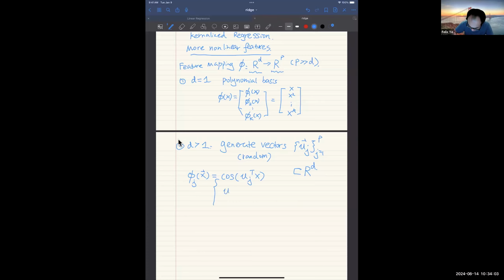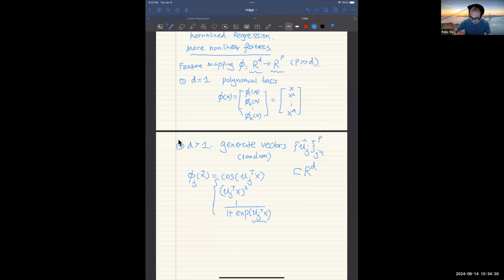You can do u_j inner product x, squared, and 1 over 1 plus exponential of u_j transpose x. So this is actually a scalar right here. You take the inner product between u and x, that gives you a scalar.